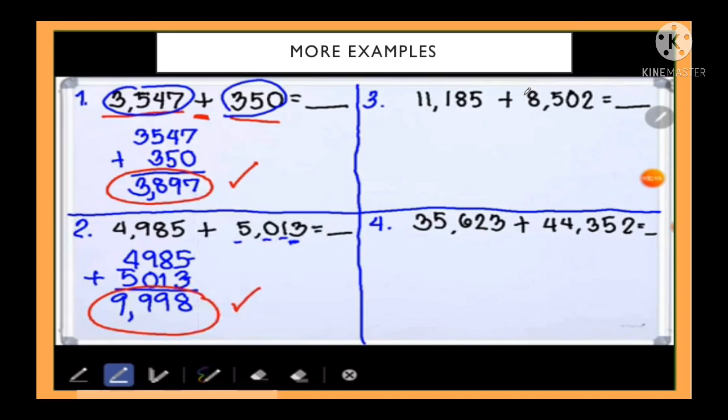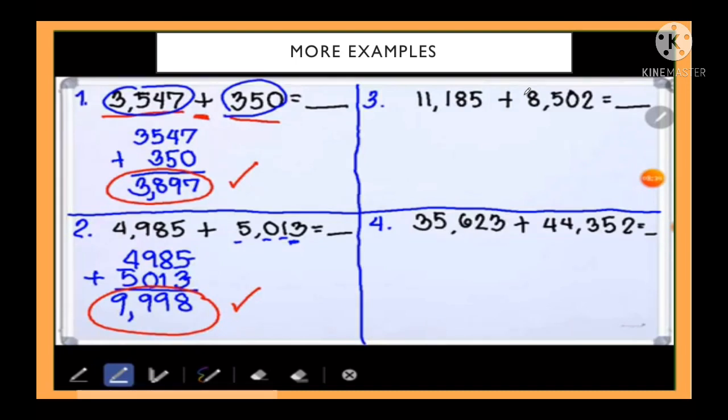Number 3. Now let us read first the numbers. Numbers we have 11,185. Okay, plus 8,502.